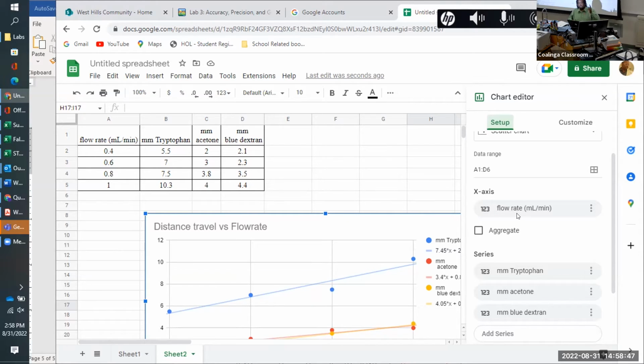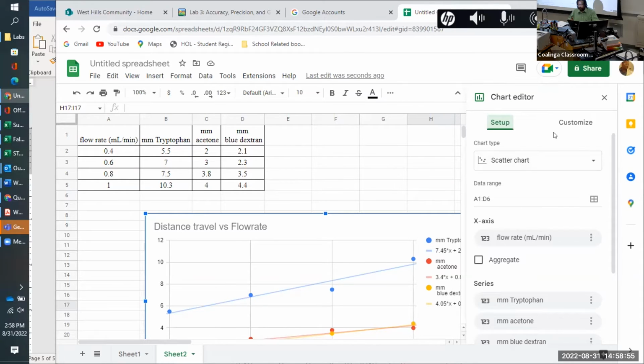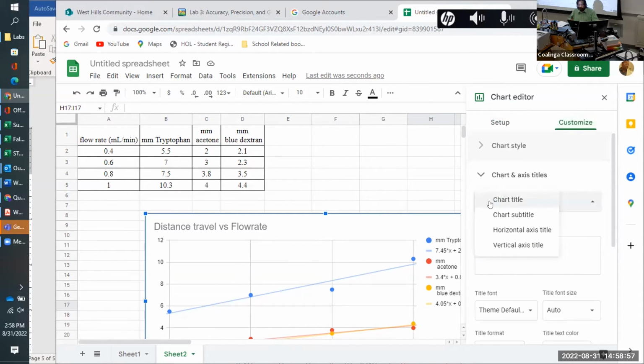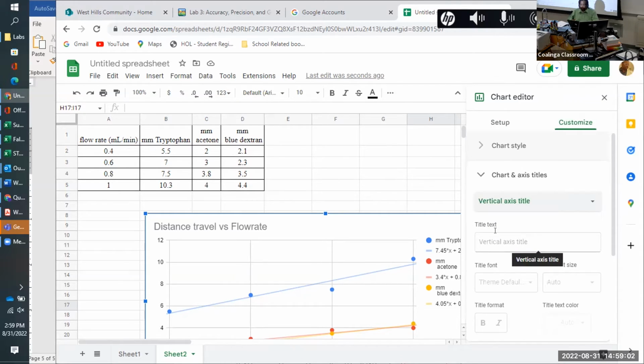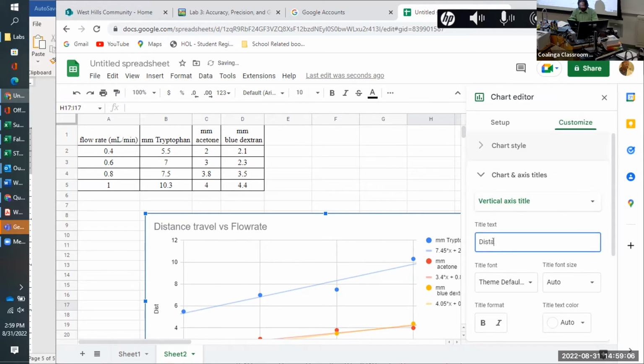Okay, and the y-axis is going to be the distance. So if I wanted to put the units on it, distance, then I would go to customize chart. And my vertical axis is going to be distance in meters.